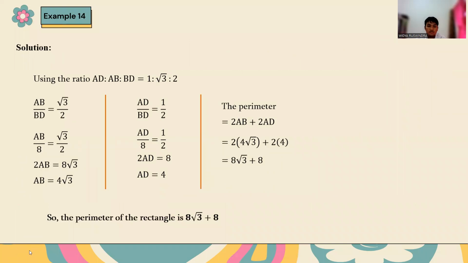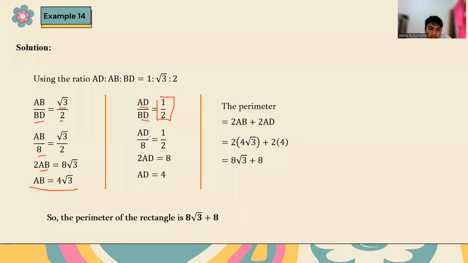So we get AB over BD is equal to square root of 3 over 2. We know BD is 8, so cross multiplying, we get 2AB is equal to 8 times square root of 3. So the AB value is 4 square root of 3. Next, AD over BD is 1 over 2.